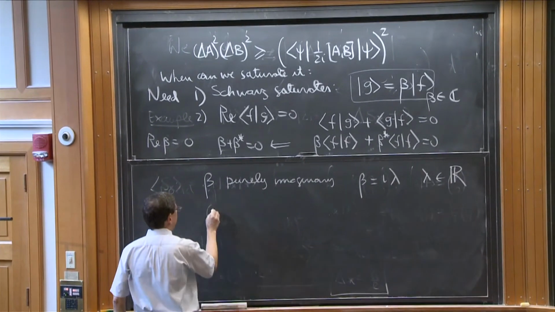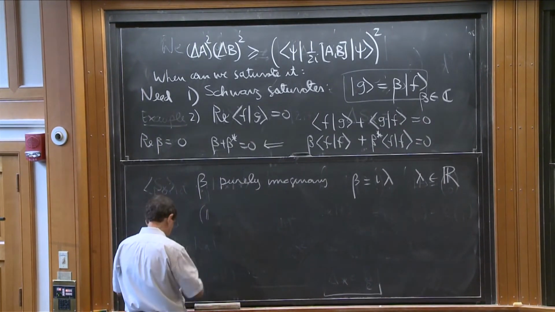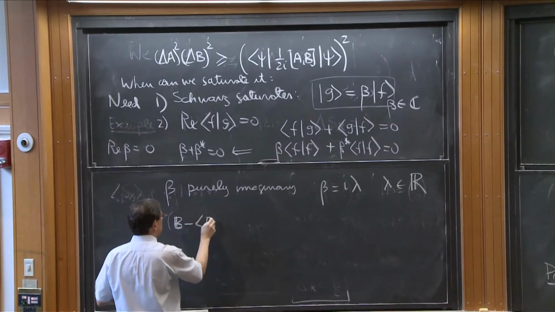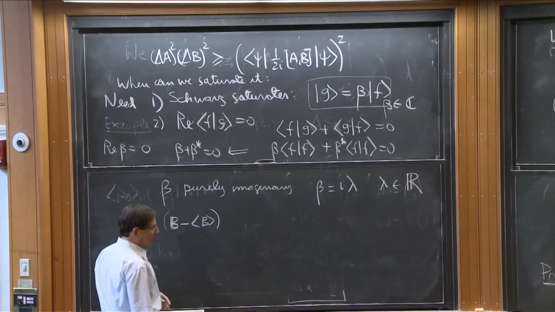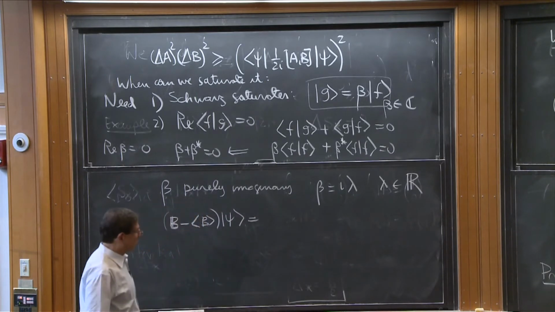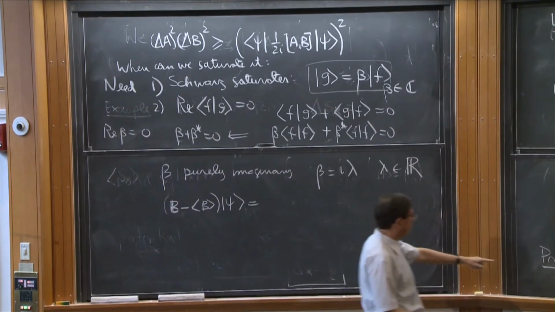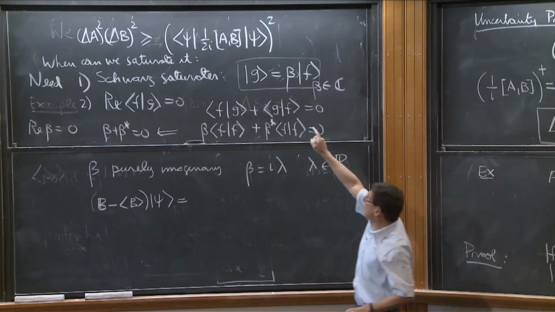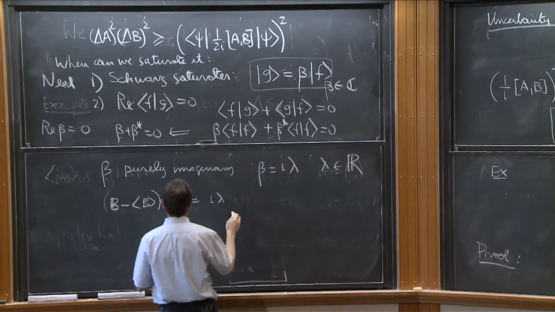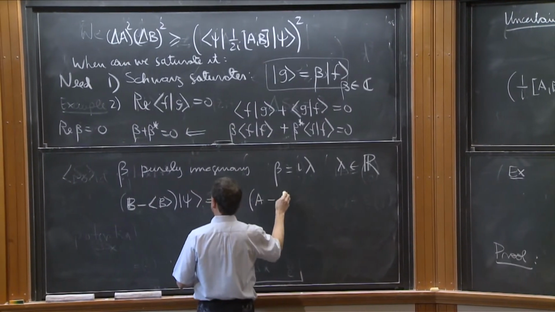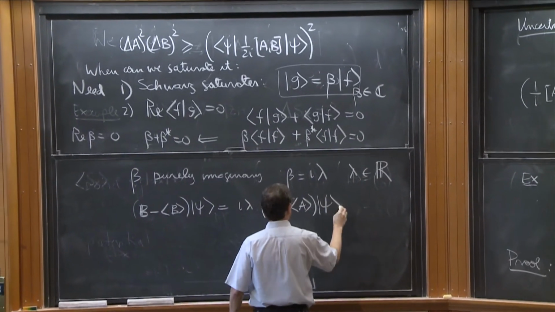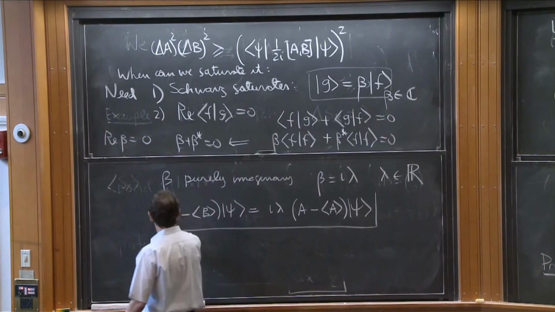It is B minus the expectation value of B on psi, which is G, must be equal to beta, which is i lambda, times A minus the expectation value of A on psi.